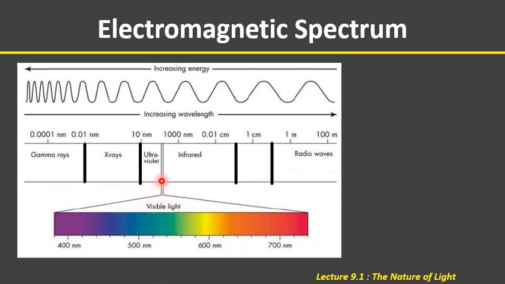Visible light is just an oscillation in this very, very narrow range of frequencies.